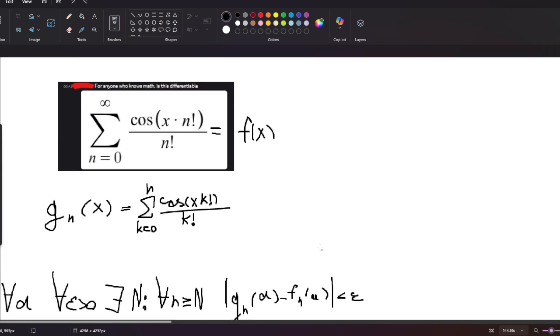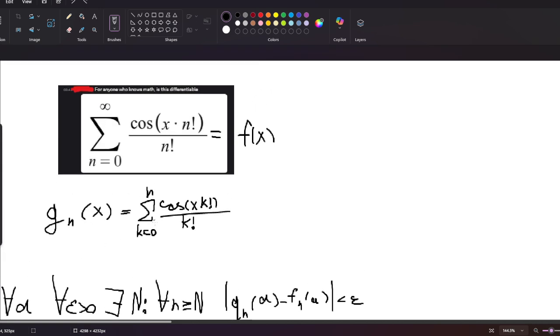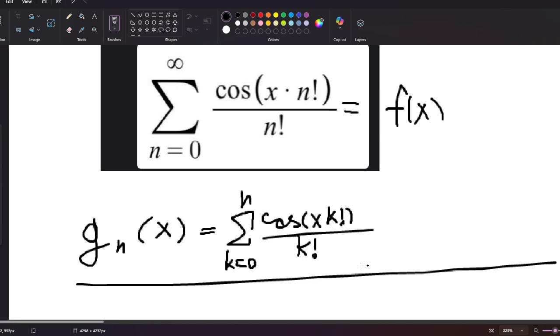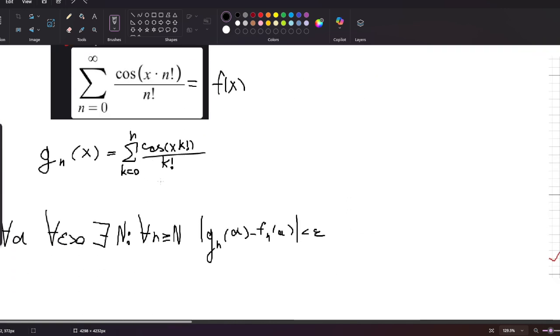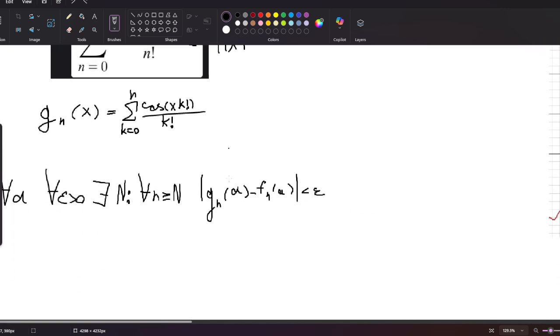This just comes from the definition of infinite sum, which is just a limit. So this is basically just tackling that. This is the expression under the limit.